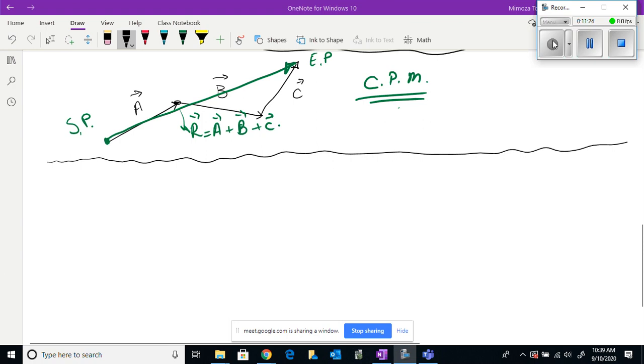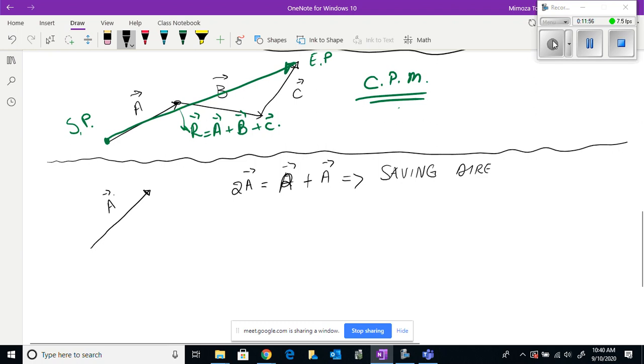So now let's suppose that we have a vector A that goes like this. Now the question will be, what is 2A? So 2A is the same as saying A plus A, which means that you are saving direction.